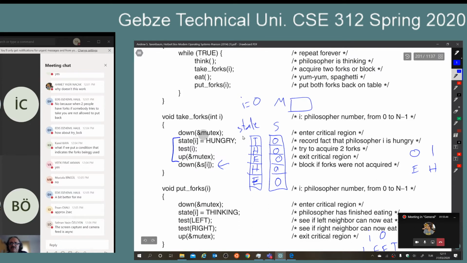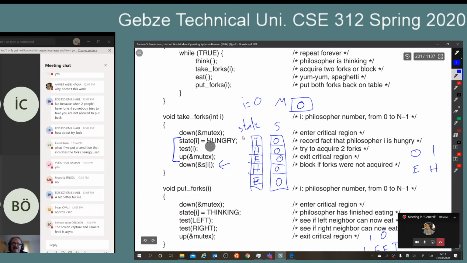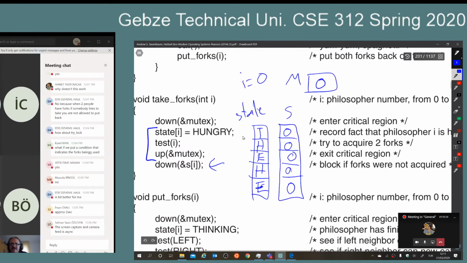Okay, so down mutex, now mutex is 0, nobody can enter it. Okay, and state I is hungry, so let me erase these. At the beginning everybody is thinking.